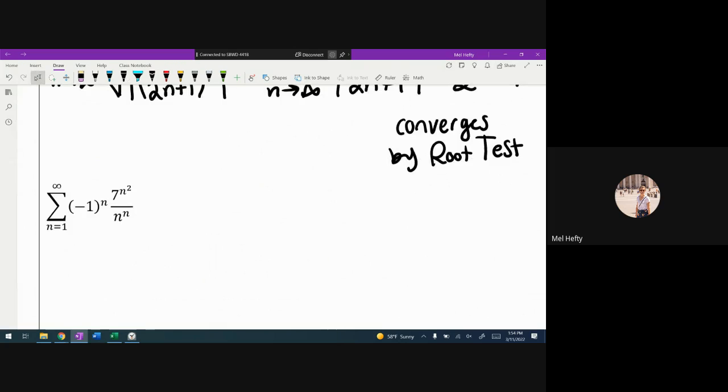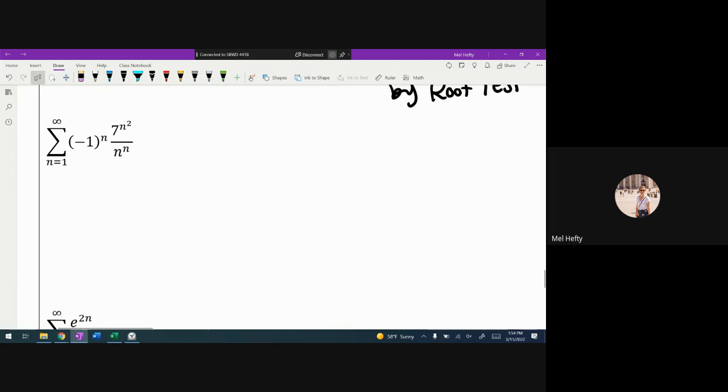All right, let's make this a little bit harder. Mostly we're going to be talking about how to deal with some weird exponents. For root tests, I'm really looking for things to the n power or things with weird exponents that have n's in them. I'm going to rewrite this as I go, just to save a little bit of space and time. This one is alternating, so I could maybe use the alternating series test.